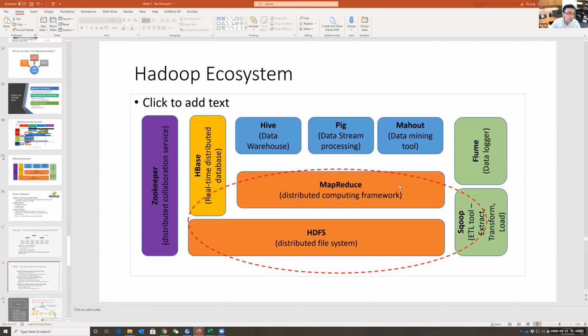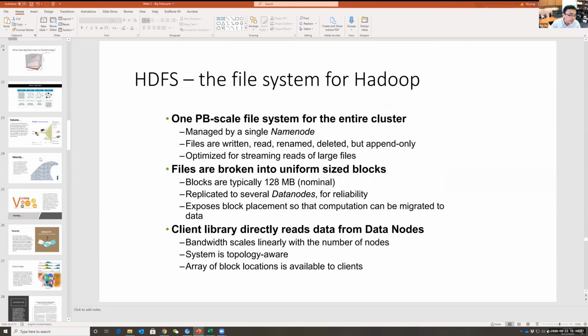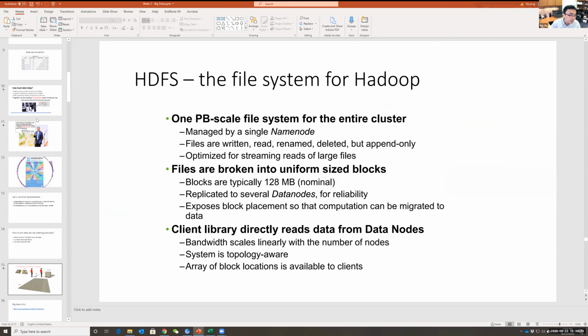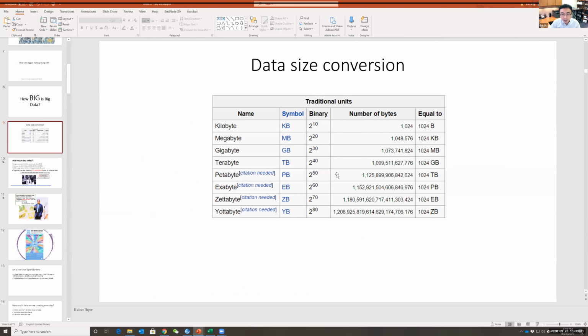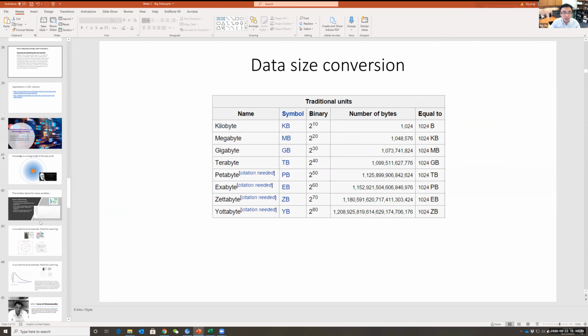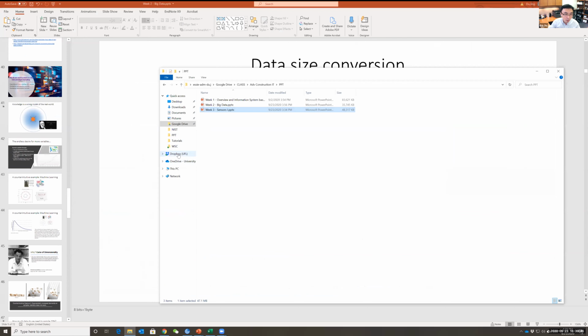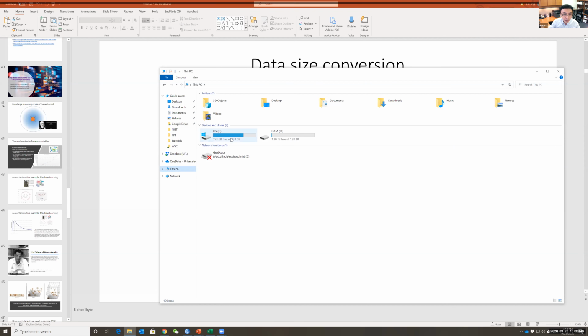So what is PB? Just a quick reminder. Let's go back and check it. Here it is. PB is actually around 10,000 TB. So this Hadoop runs 10,000 TB. Our computer today, or the file system today, can run TB no problem. Like my computer runs at a TB level.